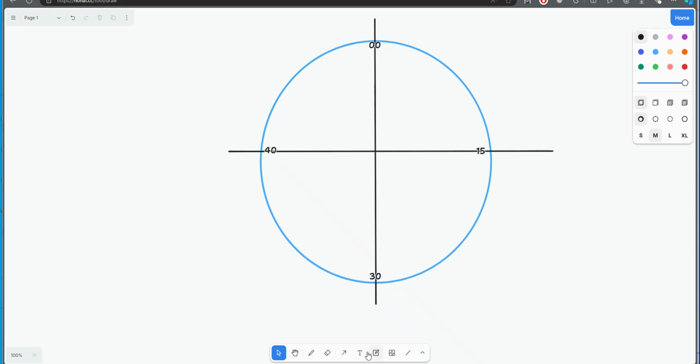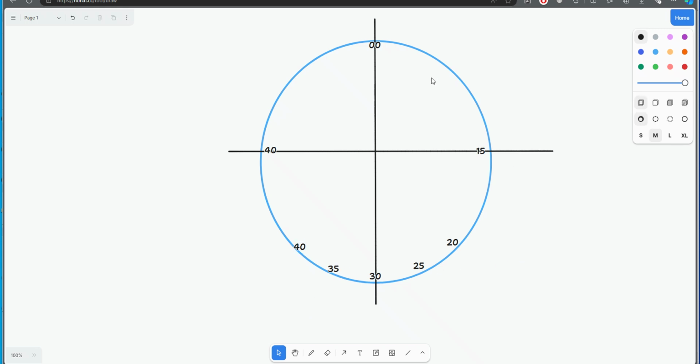So again, we have 20 here, we have 25 here, we have 35. This is just 5 minutes. And we have roughly 40.